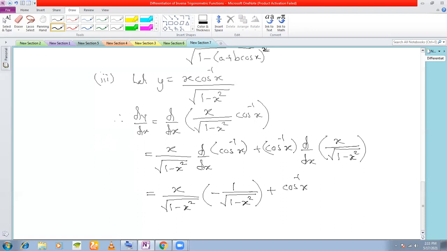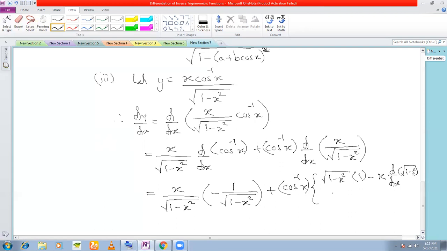Now we will differentiate this by the u by v rule. Okay, so first v d/dx of u, d/dx of x, which is 1 simply, minus x into d/dx of root 1 minus x square, divided by square of the denominator.